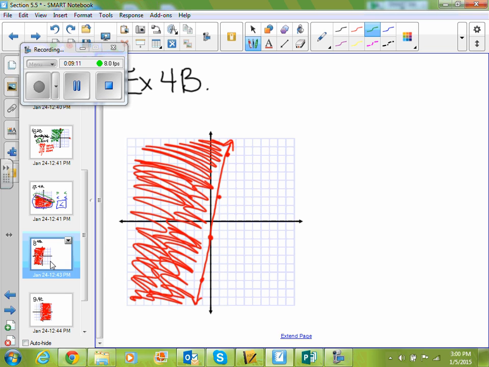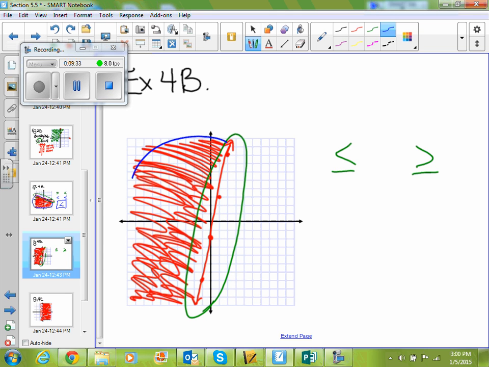Okay, so if I look at 4B, if I look at my line, that's all you do. Is this a solid line or dashed line? Solid. Okay, what symbols do we use to represent solid lines? Less than or equal to or greater than or equal to.